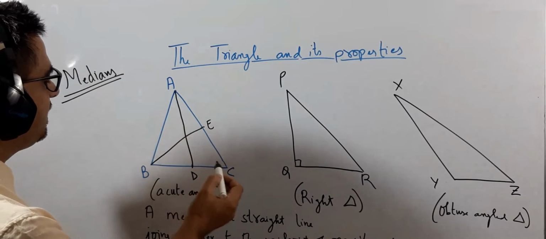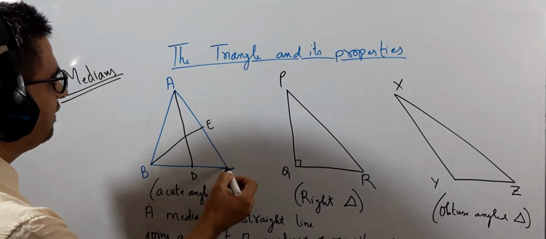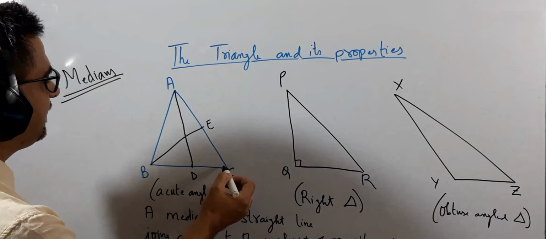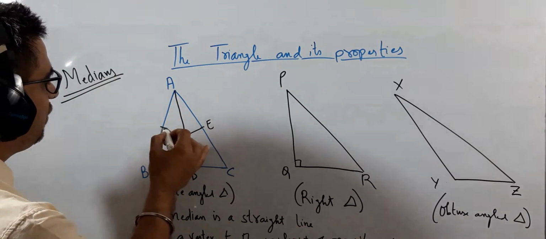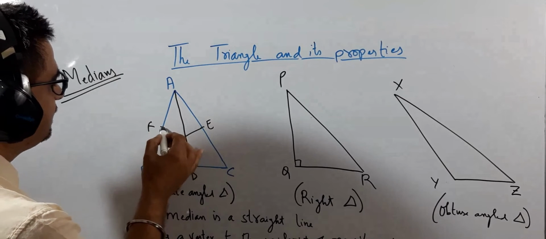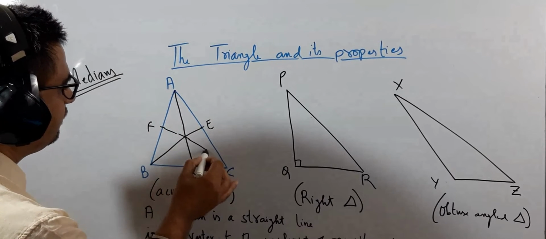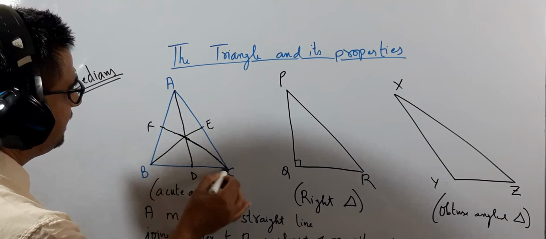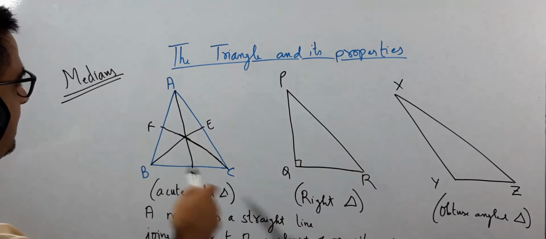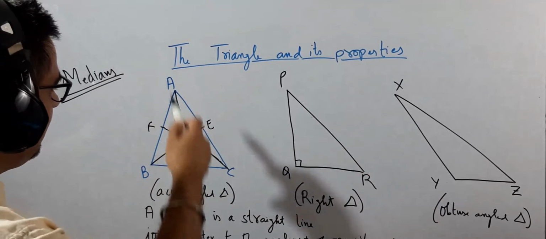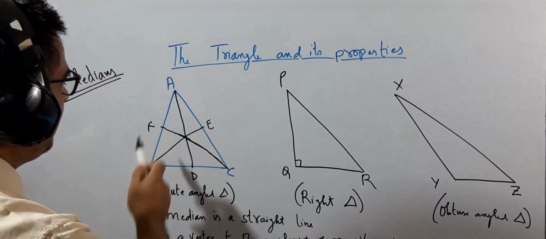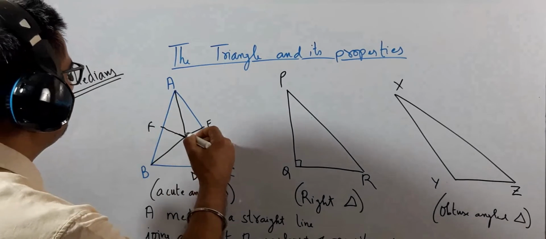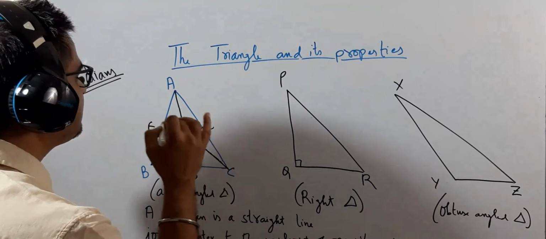And the third median would be from the point C, from this vertex, to the midpoint of its opposite side. The opposite side is AB. Let's call the midpoint F. So this is the third median. So ABC is a triangle. AD, BE and CF are the 3 medians. And let's note this, the point where the 3 medians intersect.